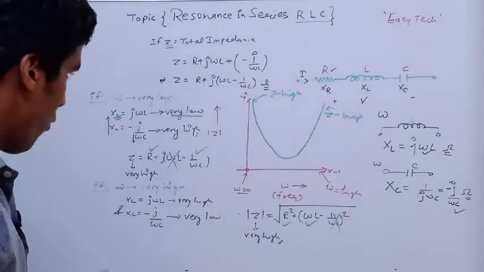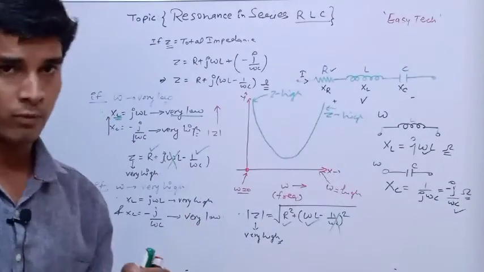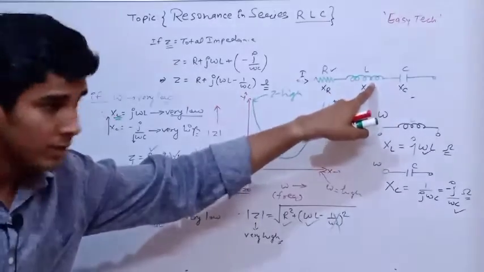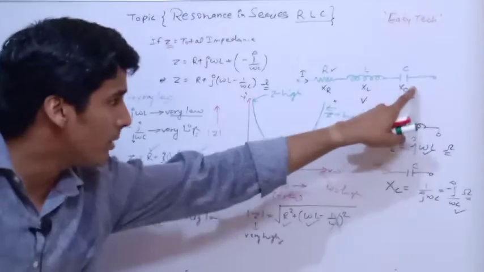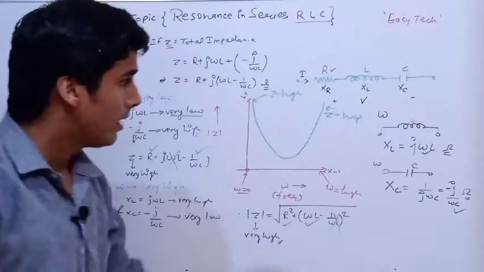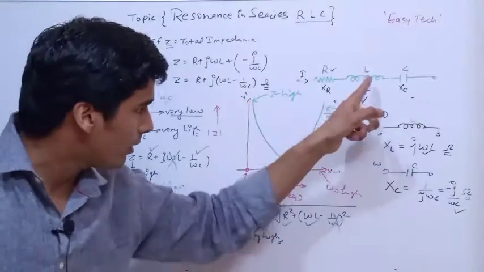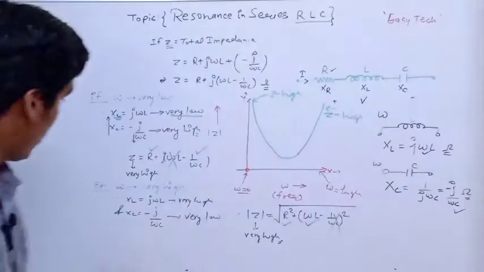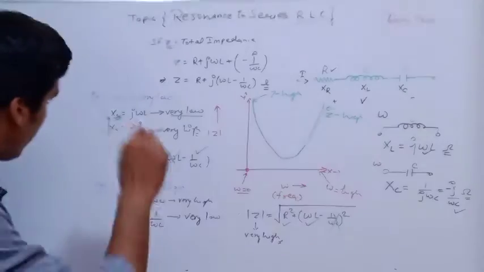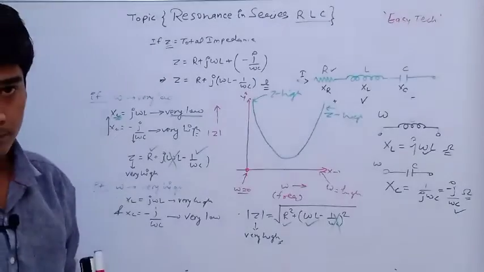But what happens, there is a particular frequency. We all know the value of L, the value of the inductor mentioned in Henry, and the value of the capacitor mentioned in Farad. For a particular value of the inductor and the capacitor, there is a unique frequency when the value of XL and XC may be equal in magnitude.